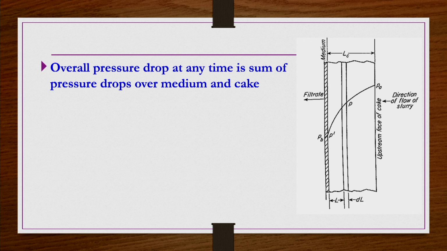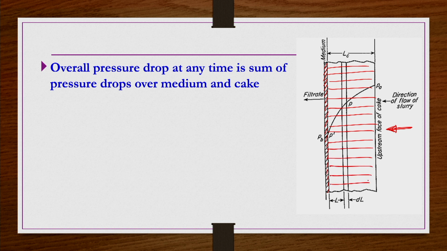So, this is the filter medium that we have, and then slurry is coming down in this direction. There is a cake formation, and this LC represented here is the thickness of the cake that has formed.